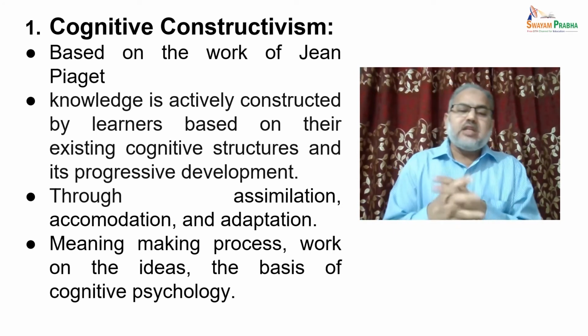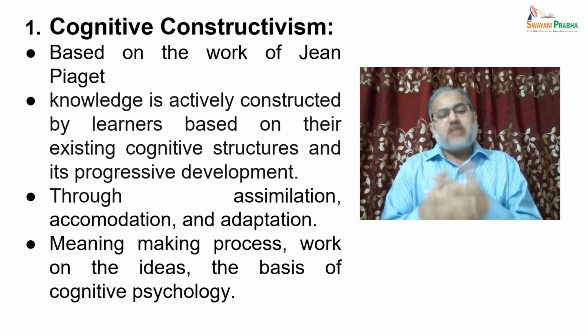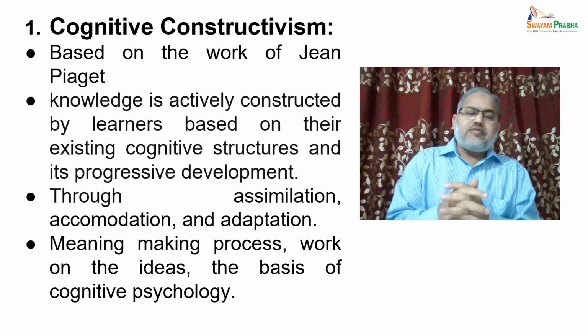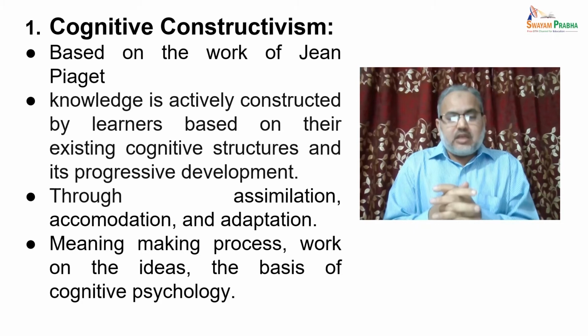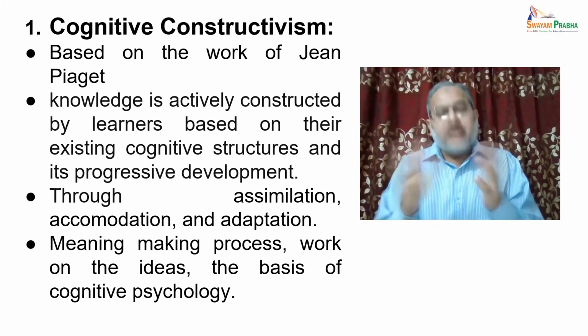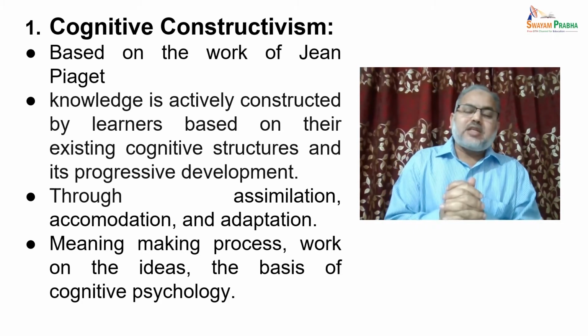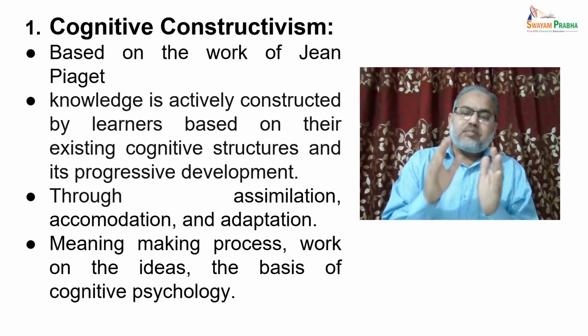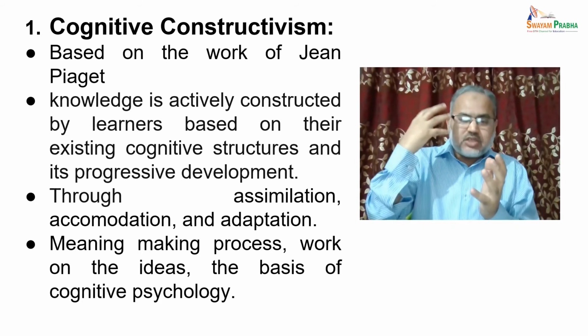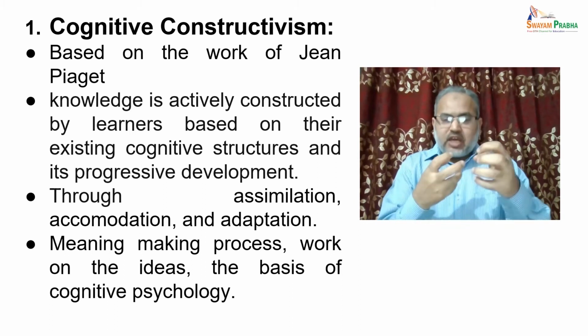But if they feel some problem, some difficulty in assimilation, some imbalance and disequilibrium, then they try to accommodate the new information by trying to find something in their existing structure which can imbibe, which can absorb the new information.